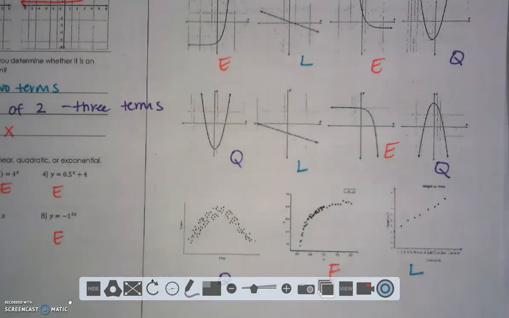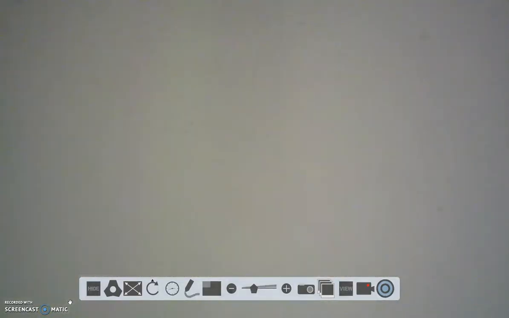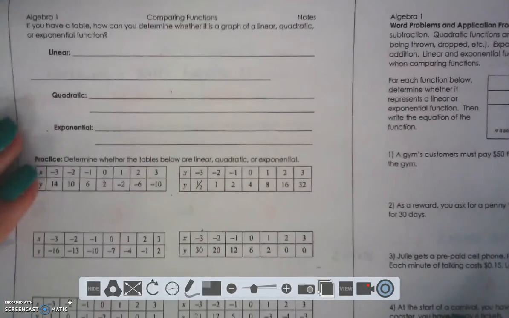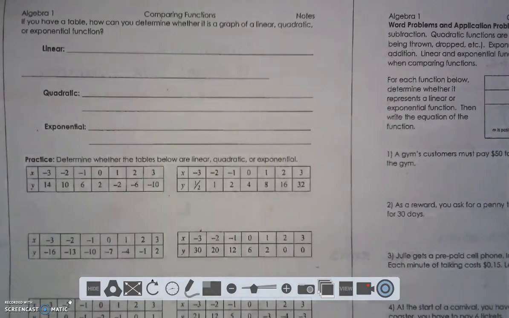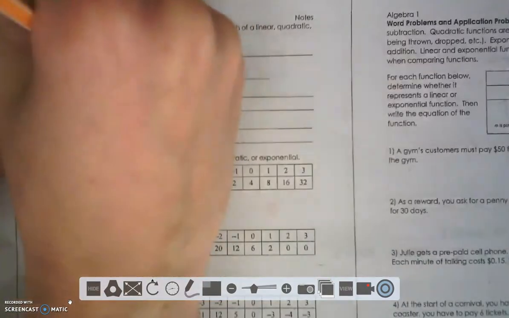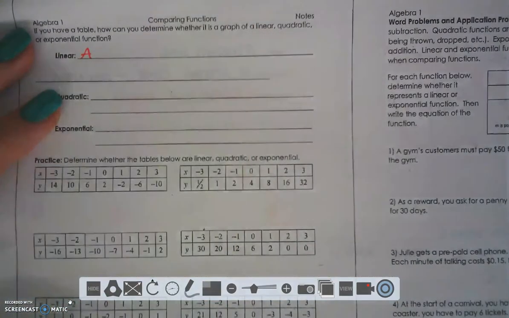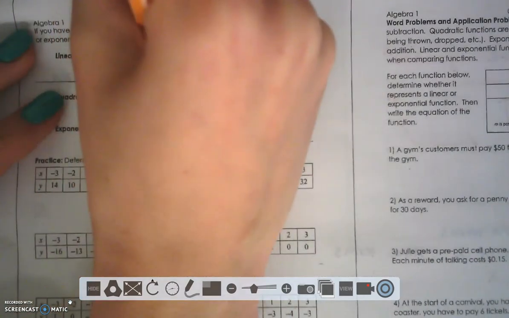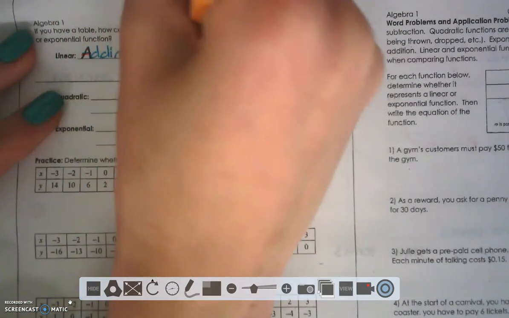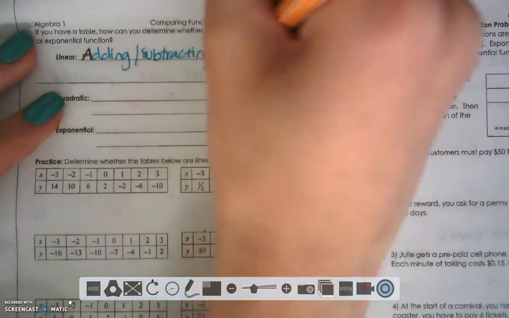So we've talked about an equation, we've talked about a graph. Now let's talk about a table. When I'm given a table of values, I know something is linear if I am adding or subtracting by a constant rate.